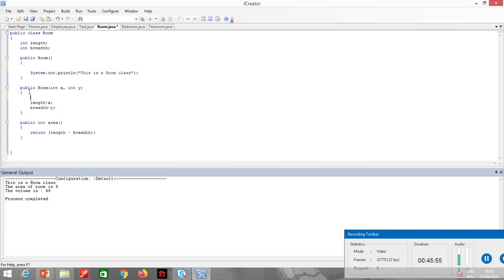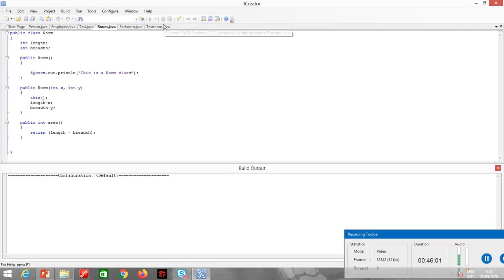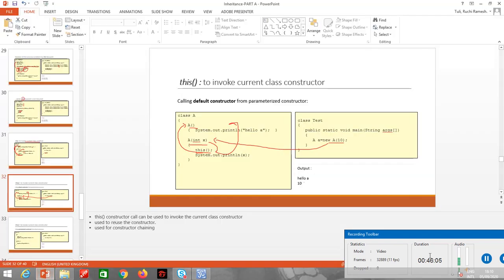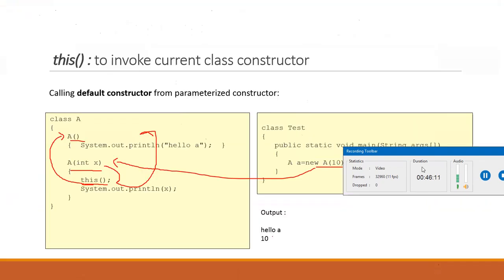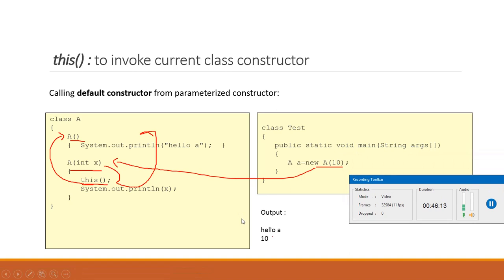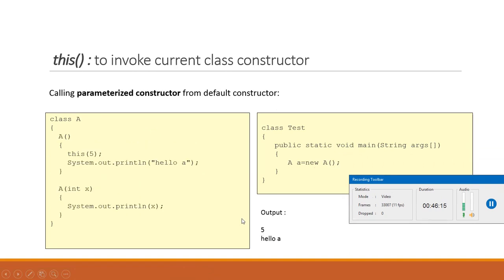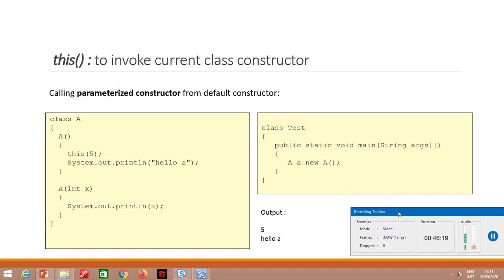So this will be a better way, since this is an inheritance. Alright, so you can use this keyword to call the current class constructor. So that was another usage. Alright, going ahead. So the example is over here, which I wanted to show you.